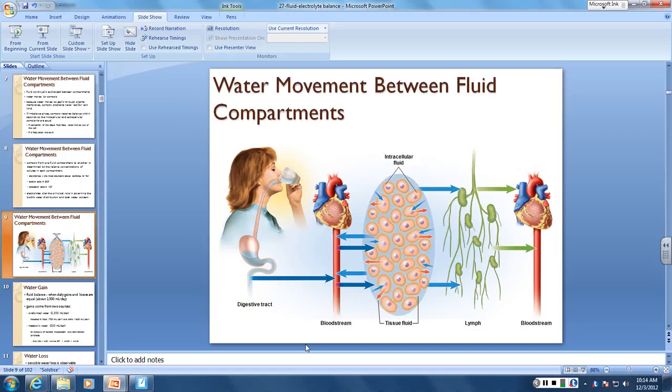So the salt is going to do what to blood osmolarity? Increase blood osmolarity. So you now have a higher concentration of salt in your blood. And that's going to cause fluid to move in which direction, looking at tissue fluid and blood?